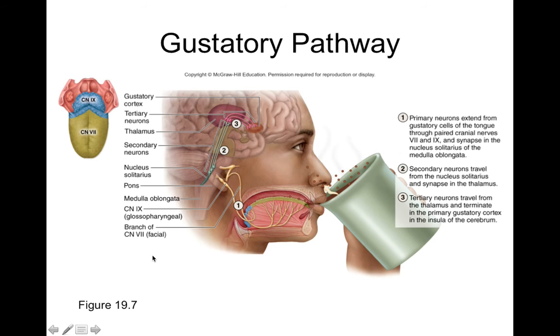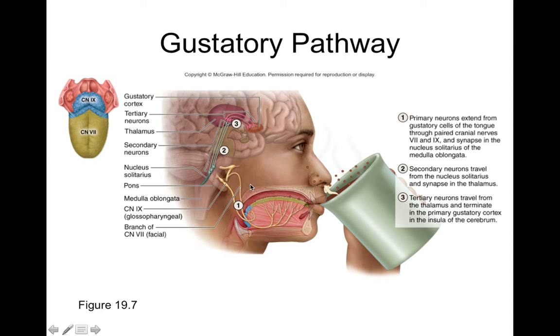Now, in terms of the pathway that this information travels, basically things like the facial nerve and glossopharyngeal nerve will travel back to the nucleus solitarius in the brainstem, which will have axons that travel up to the thalamus, which then have axons that travel towards the gustatory cortex of our insula.